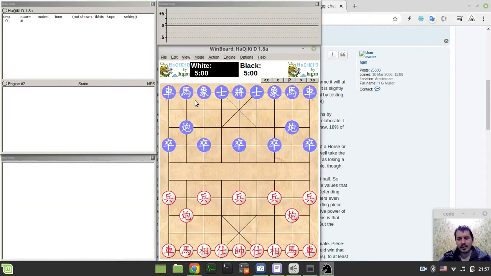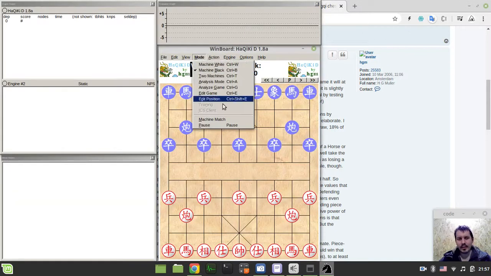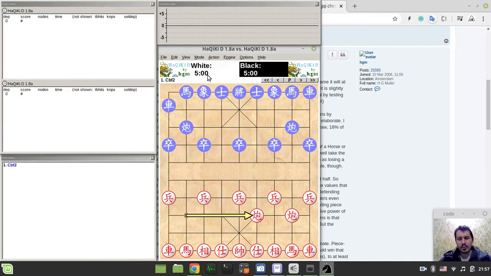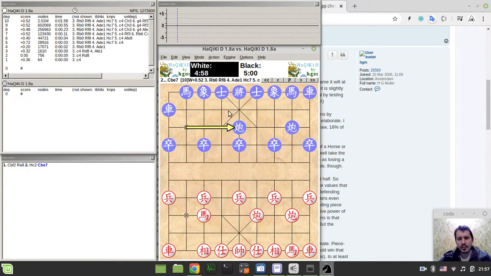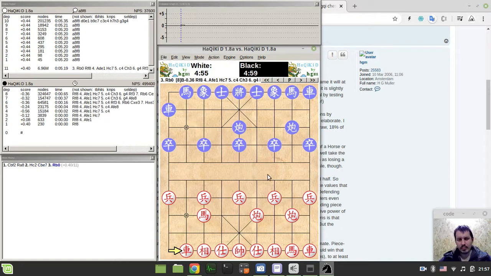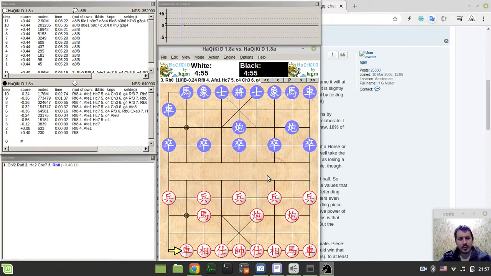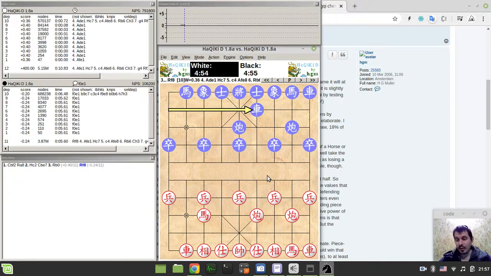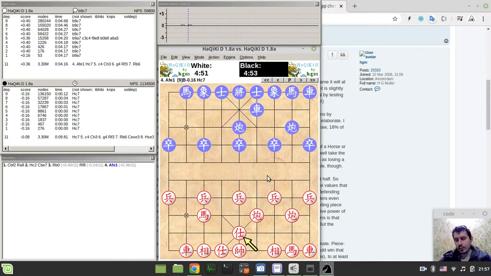It's an executable, and we can already use this in two machines mode, and it's playing some sort of an opening. I have no idea what's going on here, but I already have a couple of engines to play against, and even one of them has the source code.